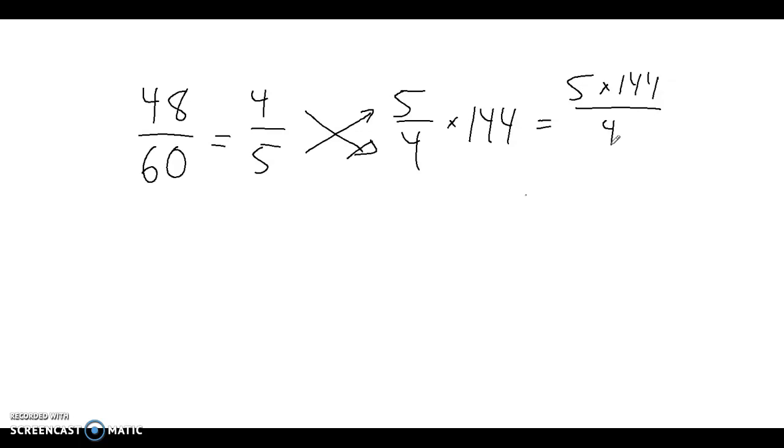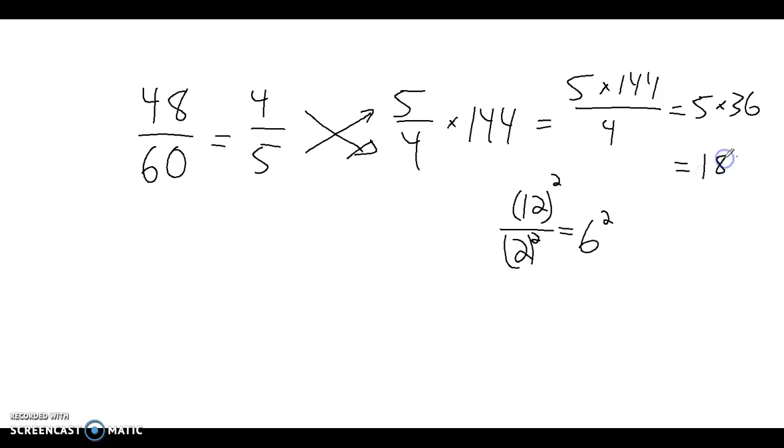If you're not too sure about that, think of 144 as 12 squared divided by 2 squared. And of course, you're going to get 6 squared. So this is the same as 5 times 36, which is, well, half of 36 is 18, so 5 times 36 must be 180. Looks like this is going to take 3 hours.